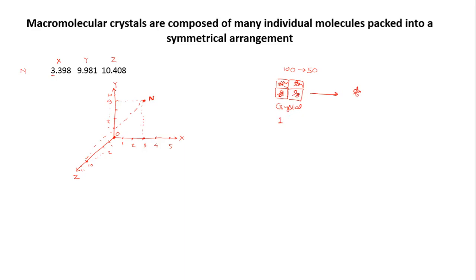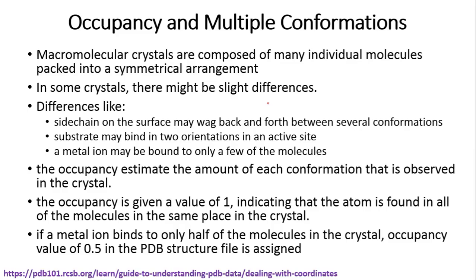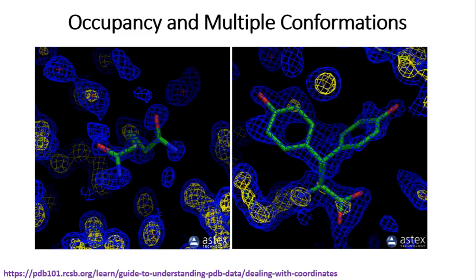If the atom is present only in half of the molecules in your crystal, the occupancy would be 0.5. An occupancy of 0.5 indicates that the atom is present in the same location only in half of the molecules. That is what occupancy means. For example, if a metal ion binds to only half of the molecules in the crystal, the occupancy value would be 0.5. This is how the occupancy might be represented in your electron density map.